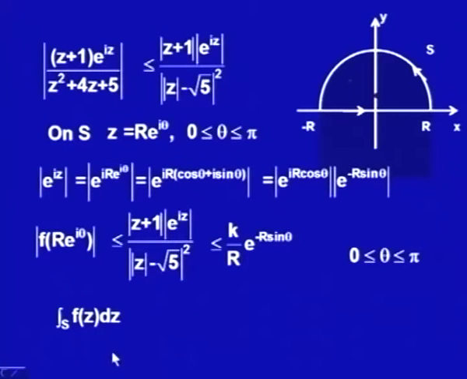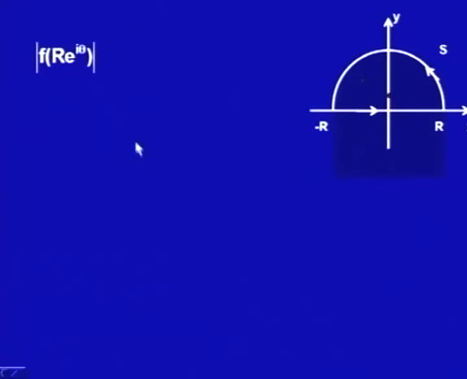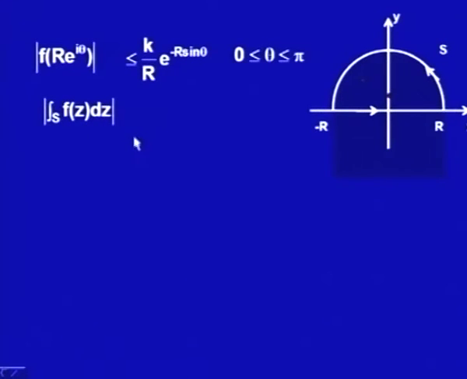So, now we write the integral of f(z) again in the form of the parametric representation. We could write this as the integral from 0 to pi of f(r e^(i theta)) times i r e^(i theta) d theta.